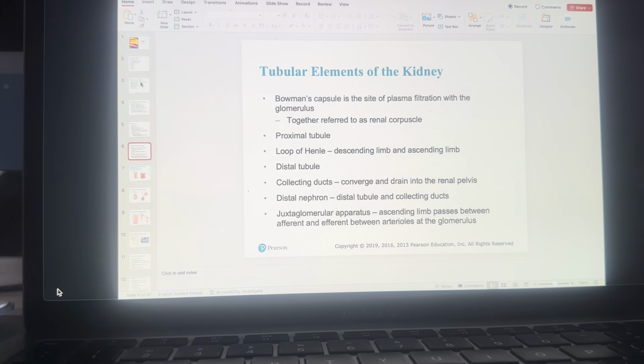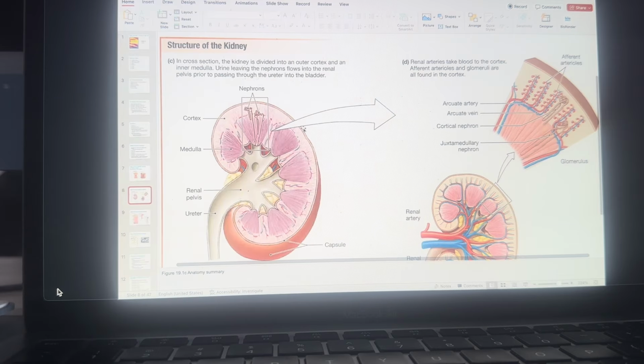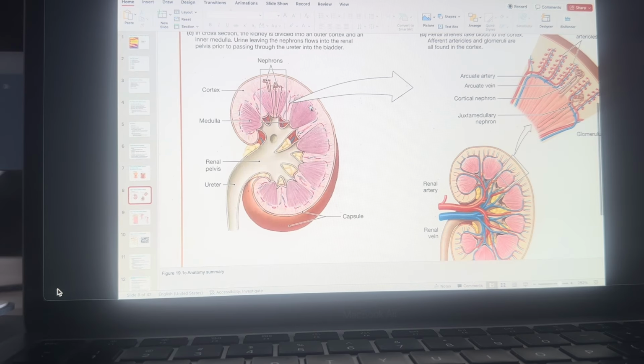right? And then within the structures of the kidneys, we know that we have two kidneys, and there's different regions within the kidneys. There's the cortex, which is that outer portion of the kidney, and then the medulla, right?